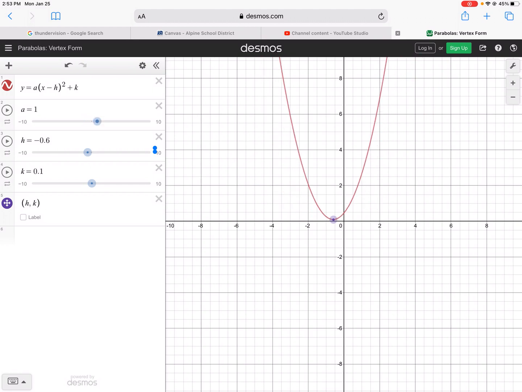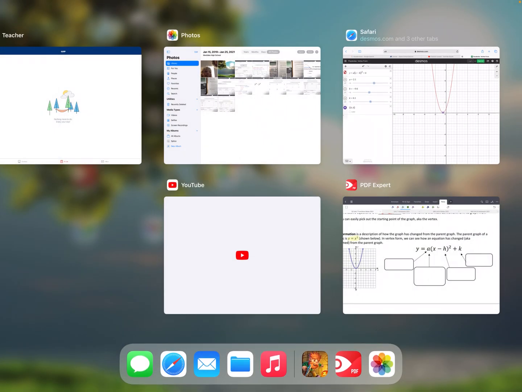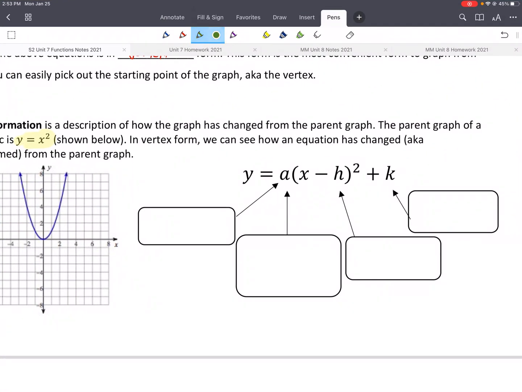If a is negative, it reflects it over the x-axis. So here as I go positive to negative and back and forth, it just reflects it over the x-axis. Okay? So that is basically the transformations that we cover in this unit.